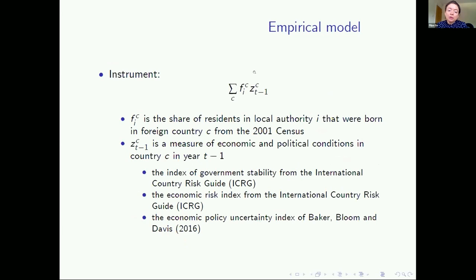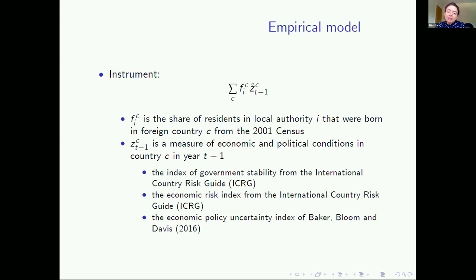For the instrument, what I do is I take a measure of economic and political conditions abroad, and I use different measures. I use measures of government stability from the International Country Risk Guide, and also economic risk from the International Country Risk Guide. And I use an index of economic policy uncertainty from Baker, Bloom, and Davis.